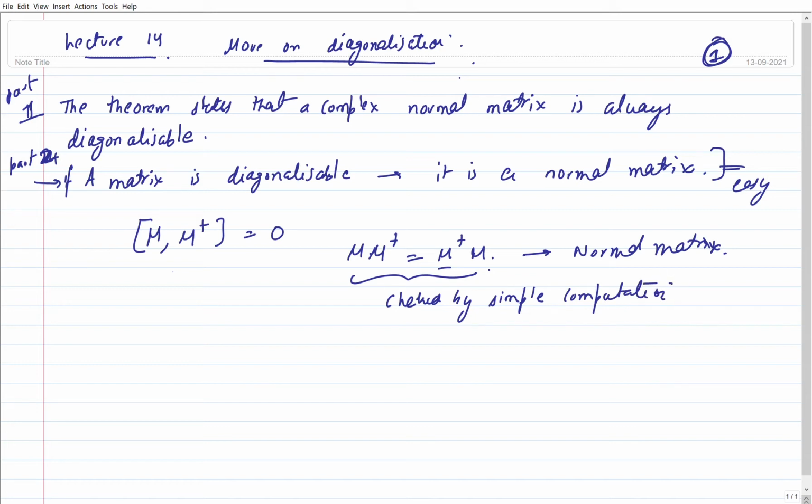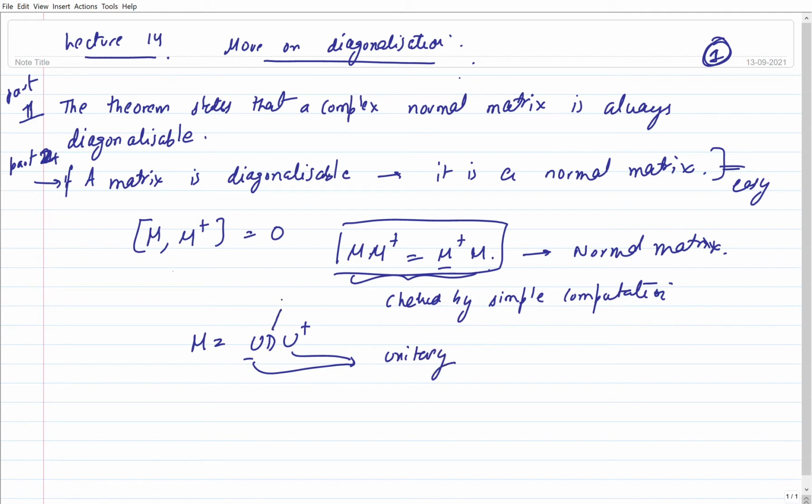By contrast, whether M is diagonalizable seems much harder to check, let's say by a unitary matrix. By diagonalizable, we mean M is U D U dagger, where U is some unitary matrix and D is a diagonal matrix.